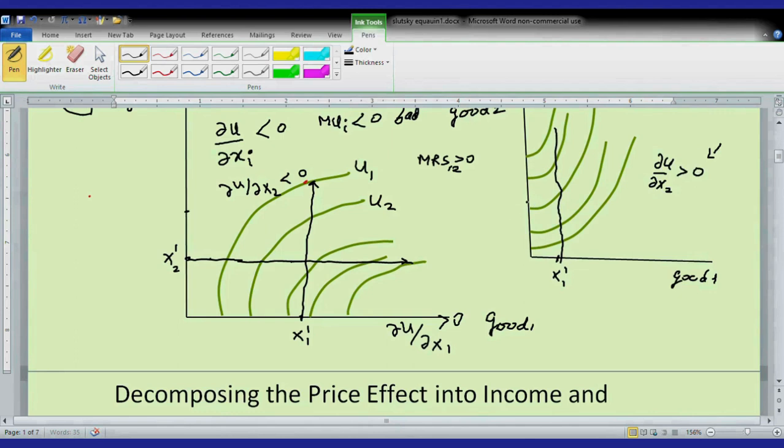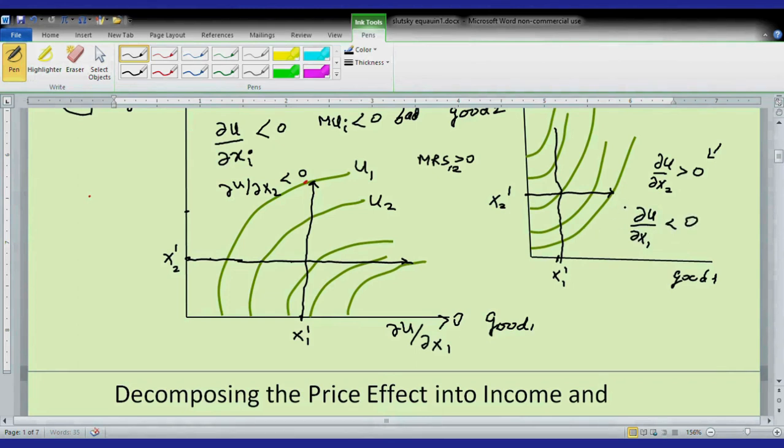But if we keep consumption of good 2 constant, say at x21, and increase the consumption of good 1, we are moving from a higher to a lower indifference curve. So this means that more consumption of good 1 causes the utility to go down, and this is like saying that ∂U/∂x1 is less than 0.